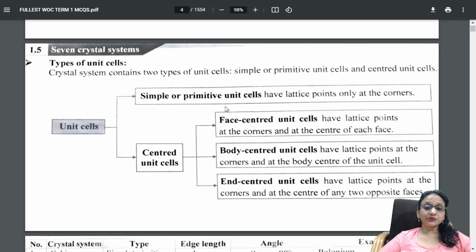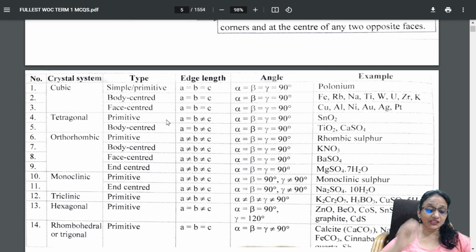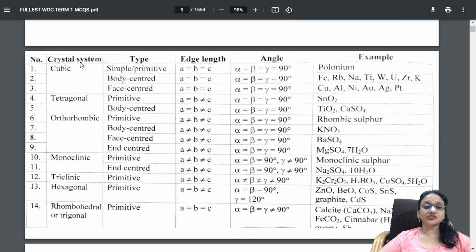Then your simple primitive unit cells have lattice points at the corners. That means the simple or primitive unit cells are further classified into your 7 crystal systems. That's nothing but the Bravais lattices. So 7 crystal systems are further made with different combinations into 14 Bravais lattices. Got it, students? Yes.